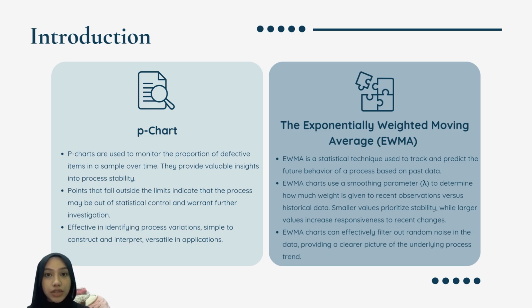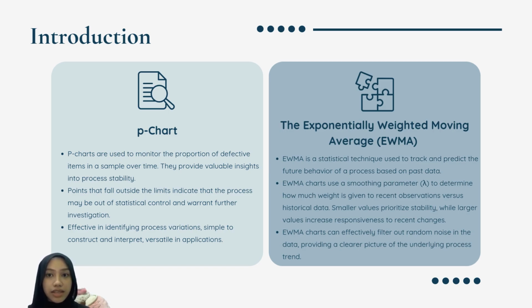Then, what is EWMA? EWMA is a statistical technique used to track and predict the future behavior of a process based on past data. EWMA charts use a smoothing parameter lambda to determine how much weight is given to recent observations versus historical data. Smaller values prioritize stability, while larger values increase responsiveness to recent changes.